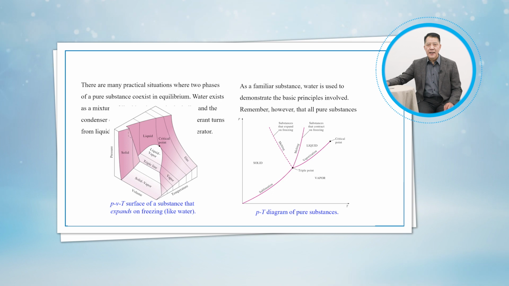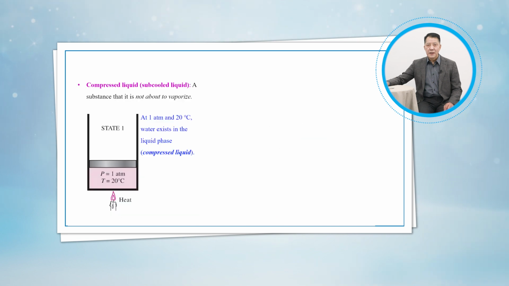Substances that expand and contract upon freezing differ only in the melting line in the PT diagram. Water expands upon freezing.